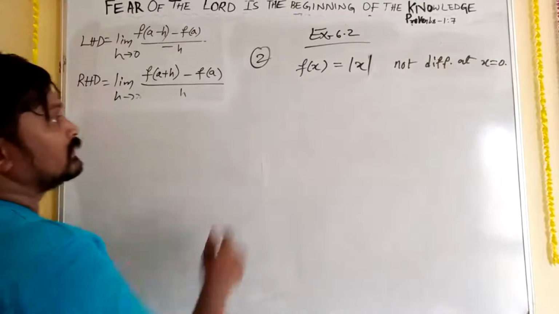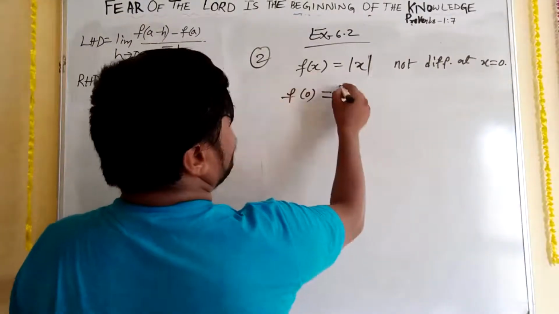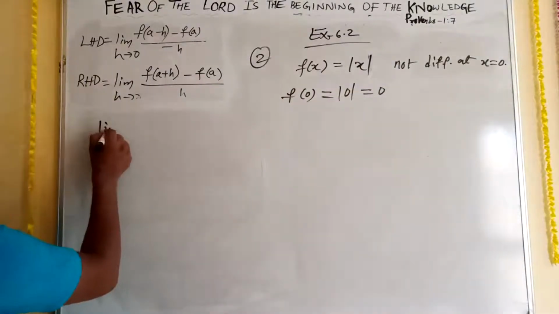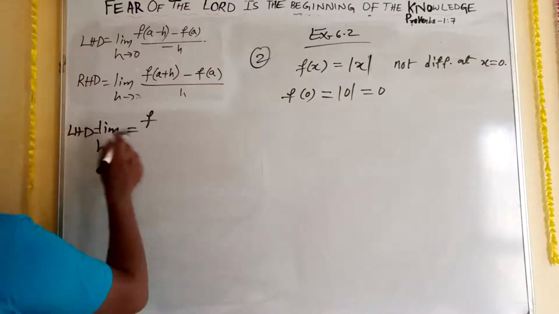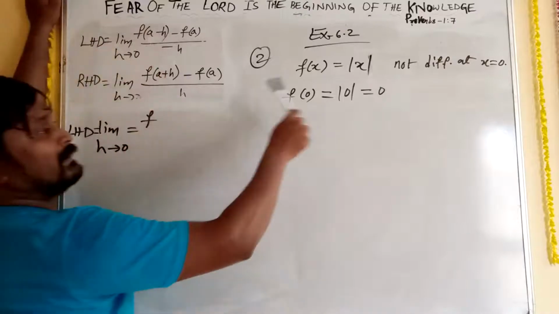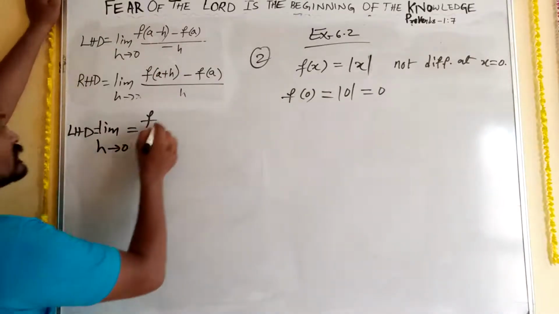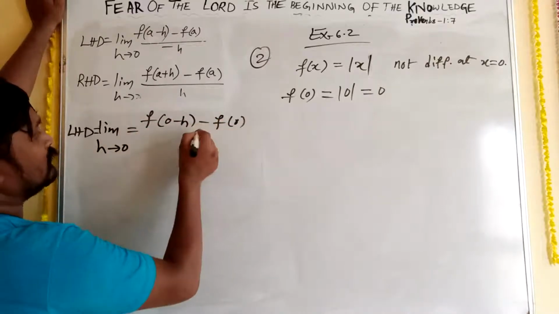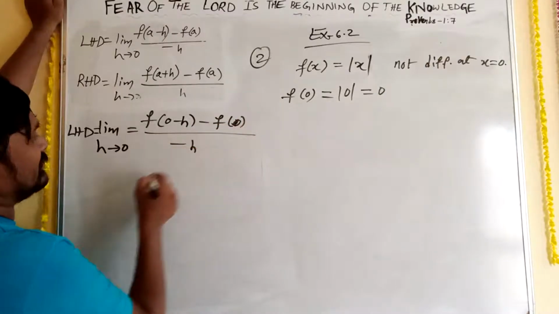It is very simple. First, f of 0: modulus of 0 is nothing but 0. Now limit h tends to 0, this is your LHD: f of 0 minus h minus f of 0 upon minus h.